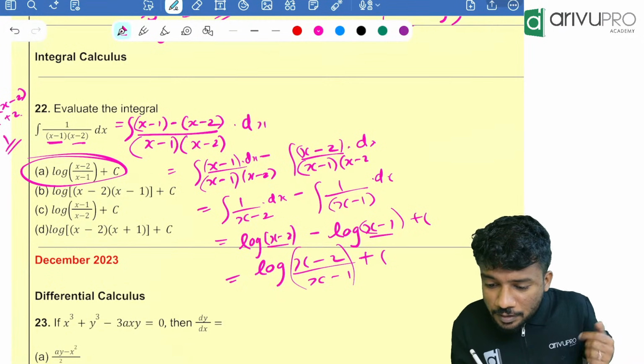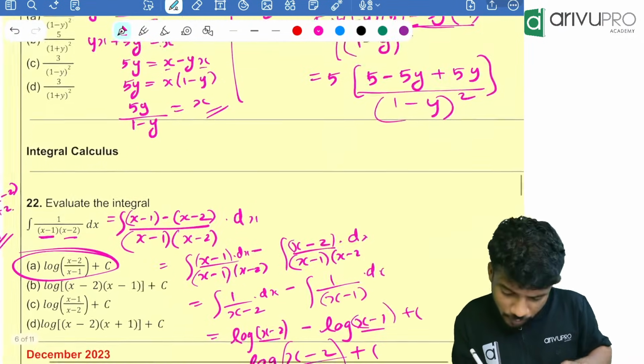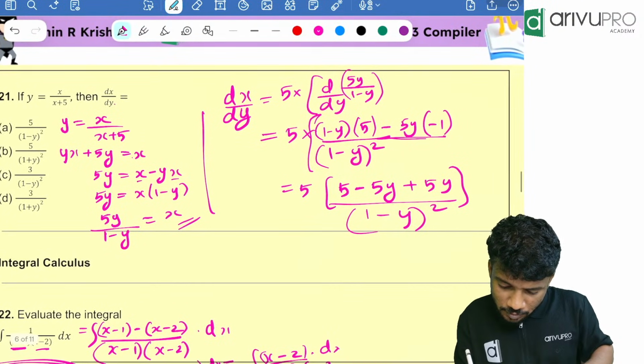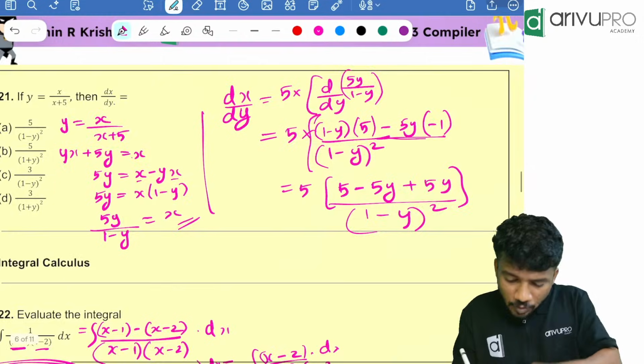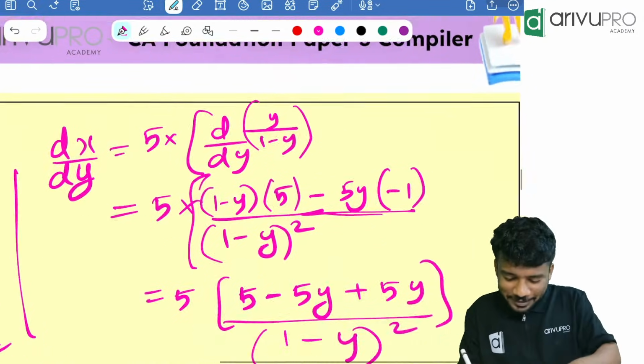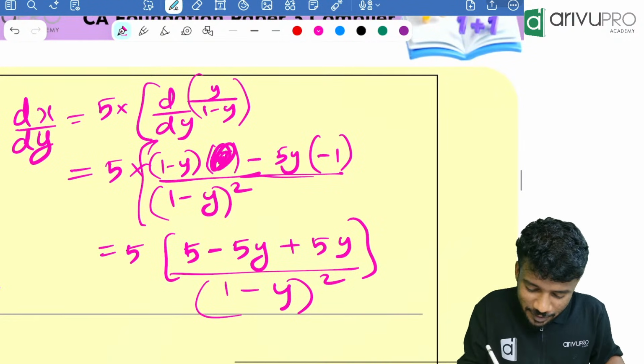Sir, outside the bracket, note 5y. Okay, let me check. Okay, fine, I understood that. There is no 5y. We already wrote the 5 outside, right? So 5 will not be there.